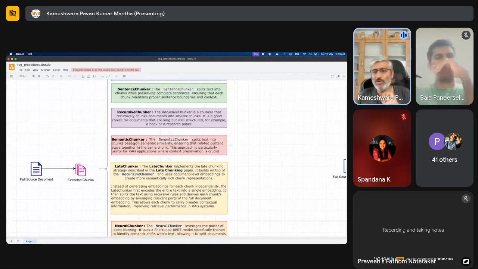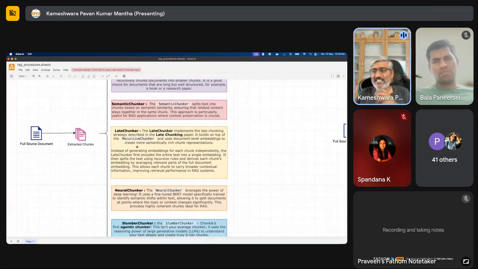So this is one of the best strategies that came into the picture. In a semantic chunker, we take a model and do a semantic similarity of the sentences, club those with the same meanings together, and create a chunk out of it, which is a very great thing that happens in semantic chunking.